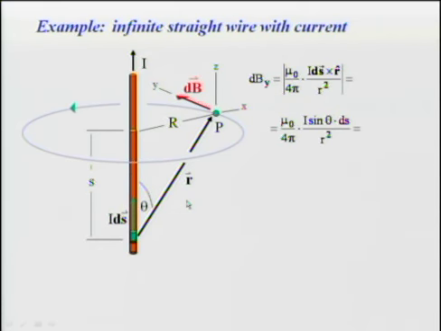All right, before we integrate, let's see what is constant and what is variable. I have already mentioned that in front we have those 3 constants. Current is independent of the segment, so in the integral it is going to be constant. However, the remaining things, sine of theta, this s, and the distance from the segment to the point vary.